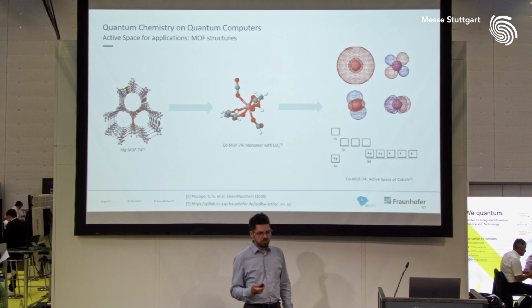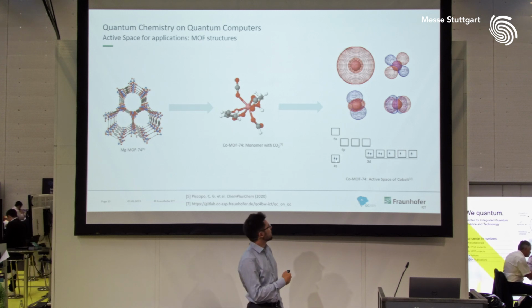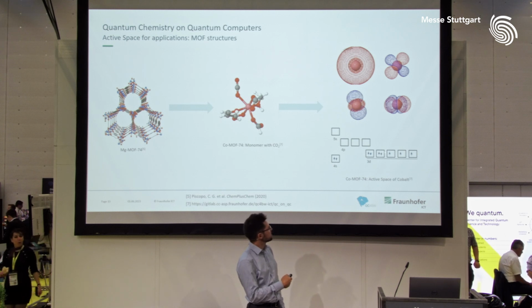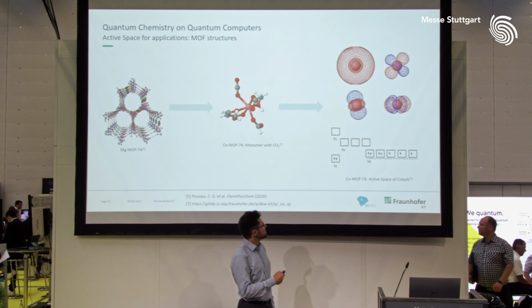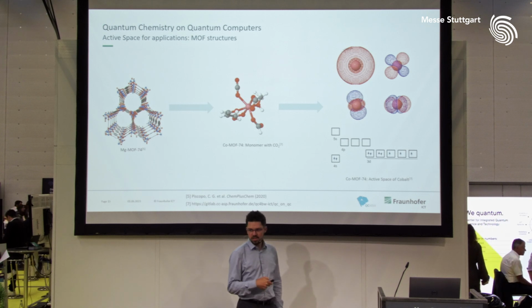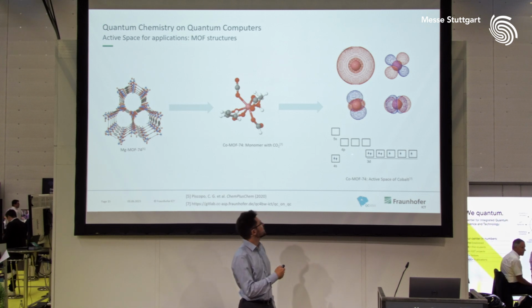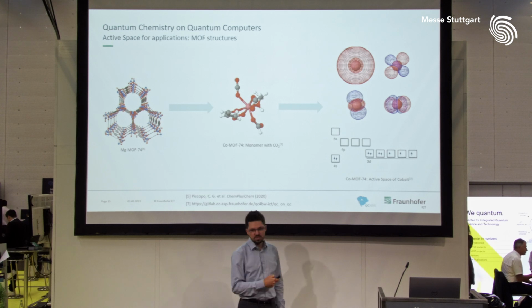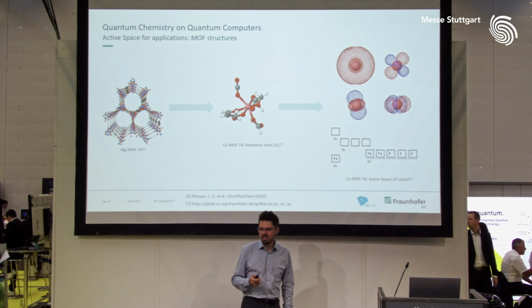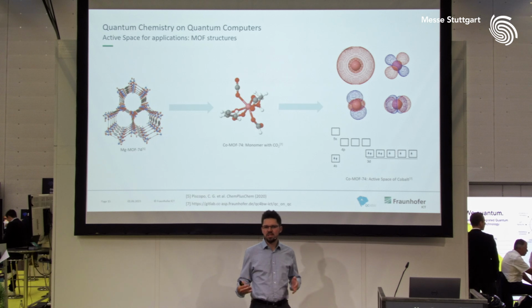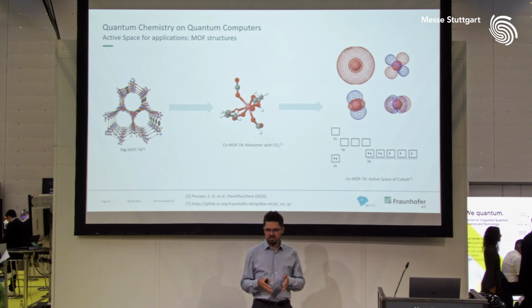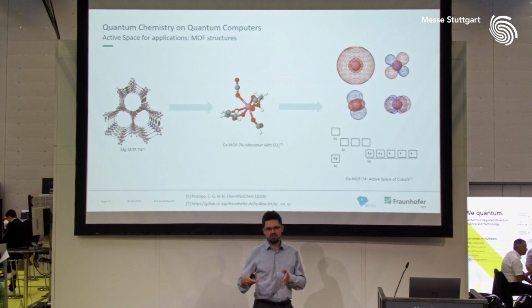This is the cobalt atom itself, and there are different orbitals, s and d orbitals, which are partly filled. So the d orbitals would be added to the active space, while, for example, this 5s orbital, it's just empty and wouldn't be added.